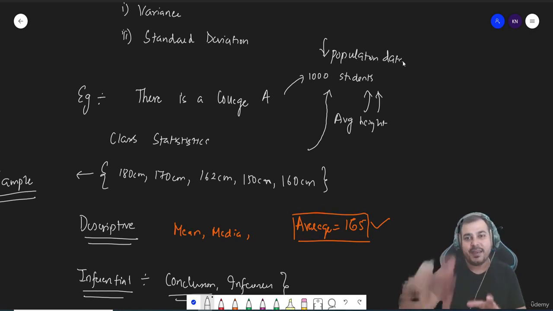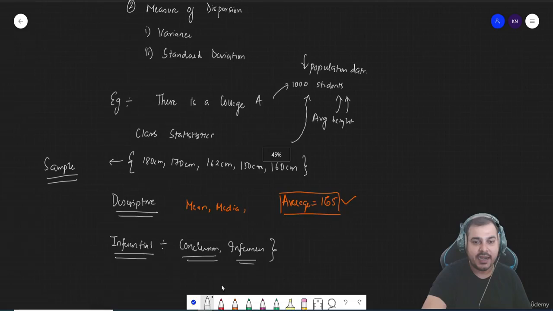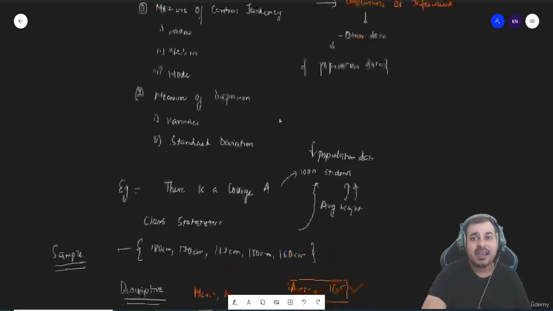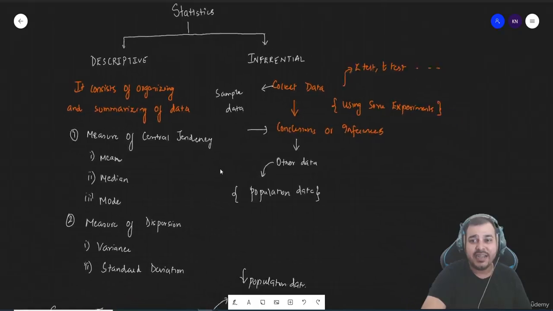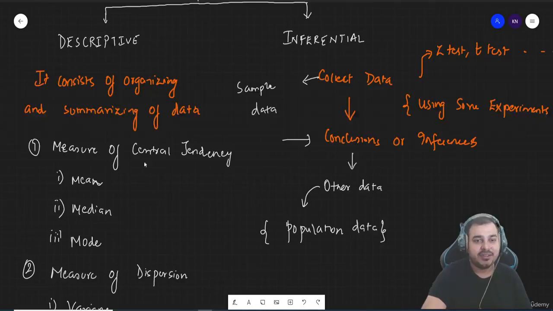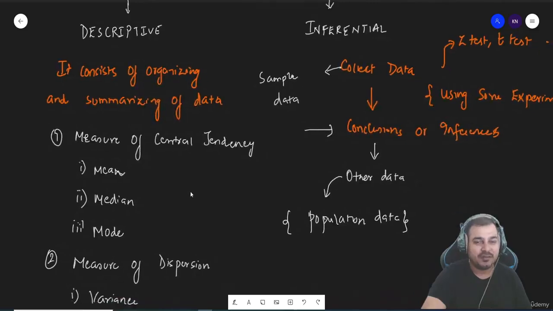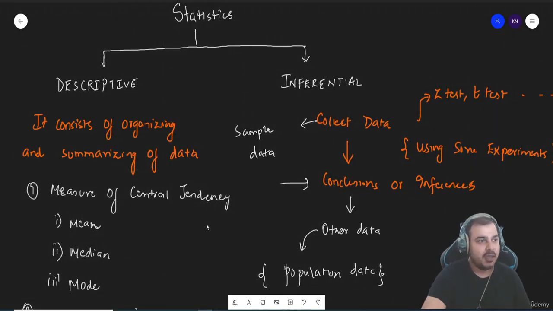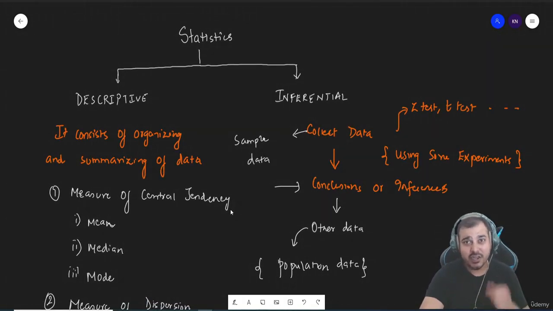So this is just a basic understanding to make you understand the basic difference between descriptive and inferential statistics. As we go ahead, we will be discussing in depth what is population, what is sample, and then what is measure of central tendency, what is measure of dispersion, everything as we go ahead. So we will continue the session. I'll see you all in the next video.